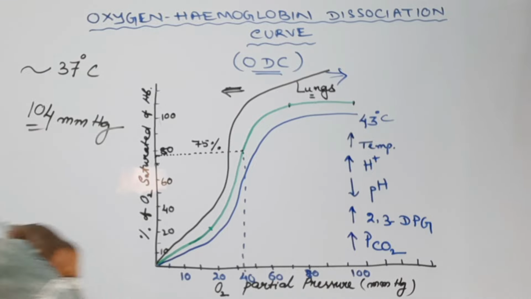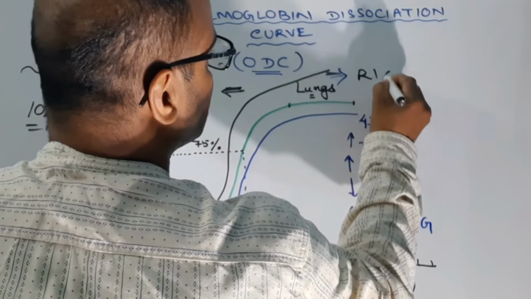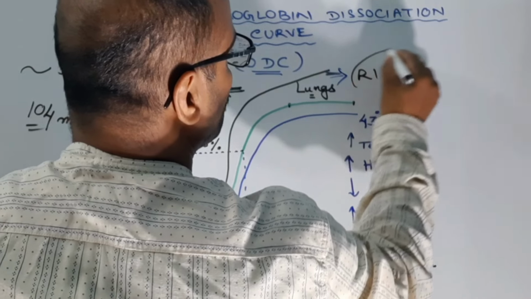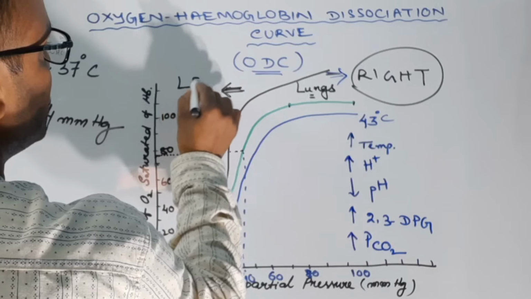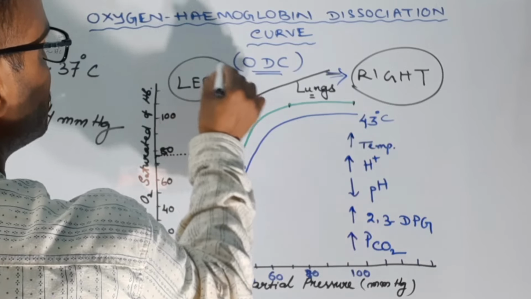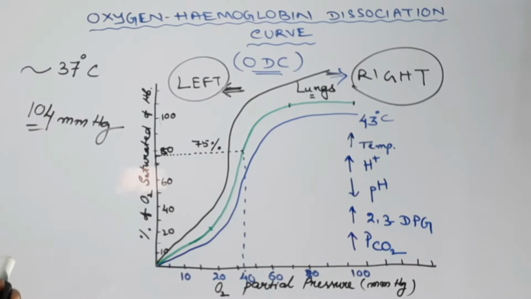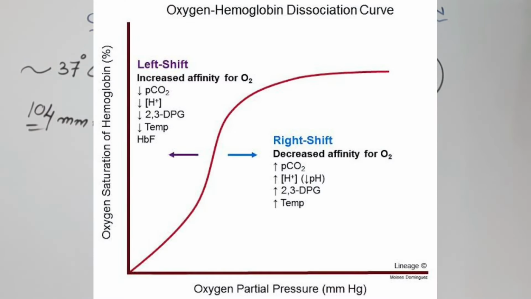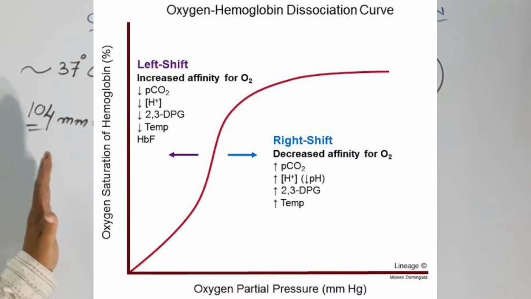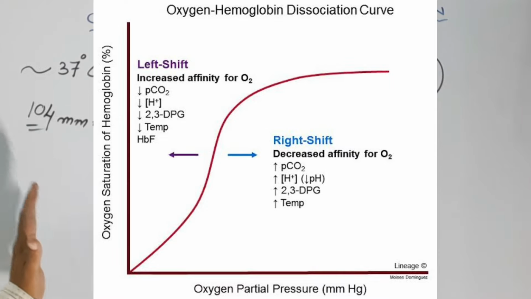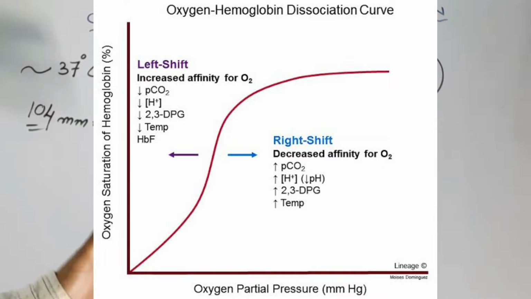This is the right side, the lowering of affinity, and this is the left side, the increasing of affinity. So these are the conditions in which this graph may shift right and left. This is the whole story of the oxygen hemoglobin dissociation curve, or ODC, which is a sigmoid shaped curve. Thank you for watching.